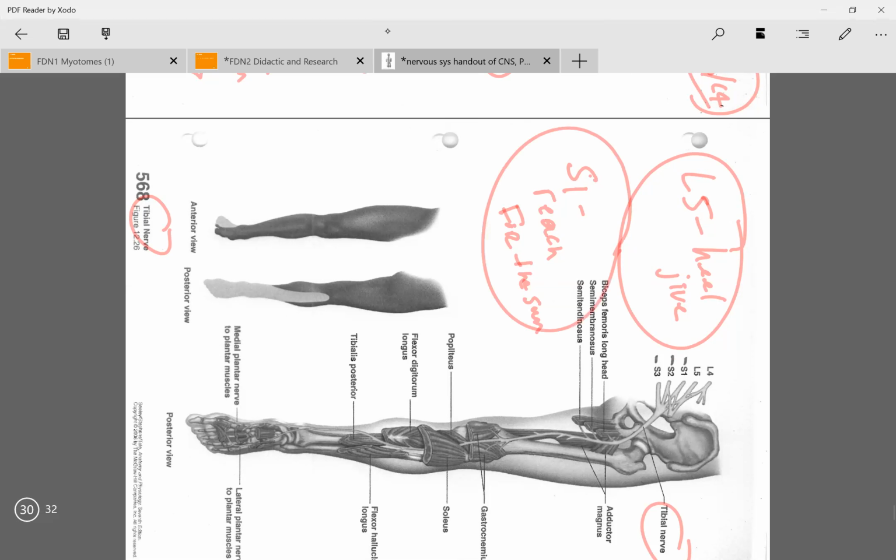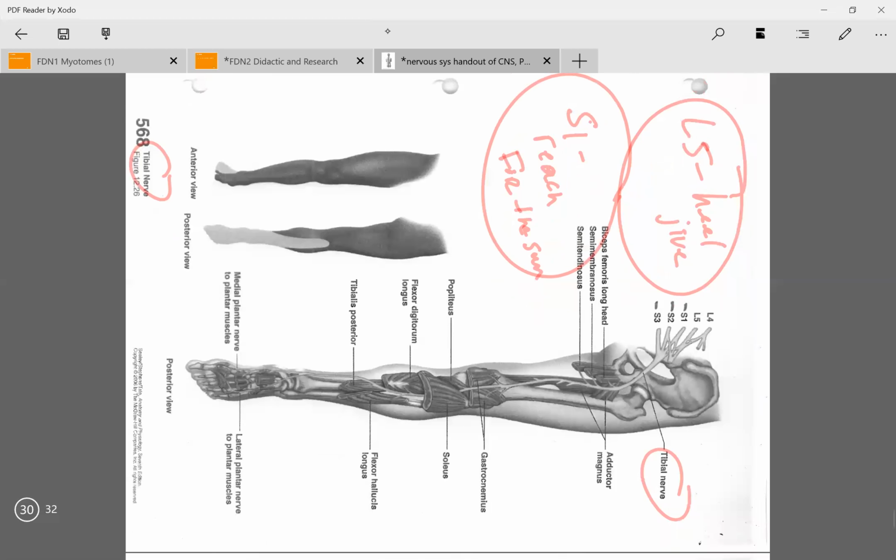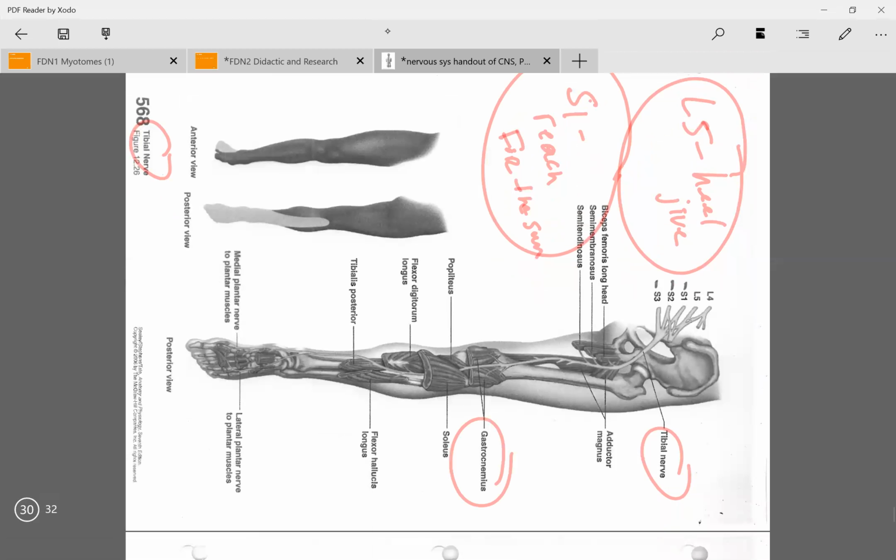S1, reach for the sun, means you go on your tippy toes because you're trying to reach for the sun. And that is a gastrocnemius function, right? That big muscle on the back of your calf, if you flex it, points your foot, points your toes. So that's how you get on your tippy toes. For muscle testing, that's one way you could do it.